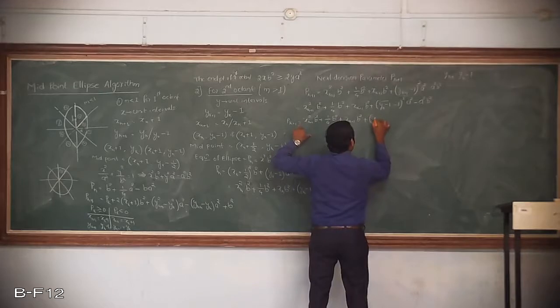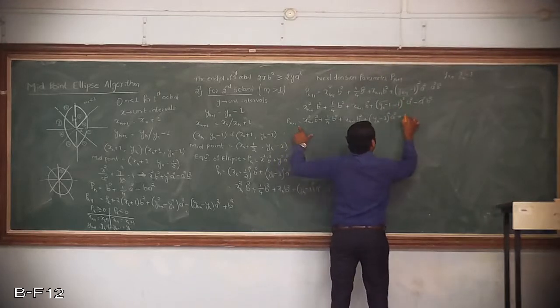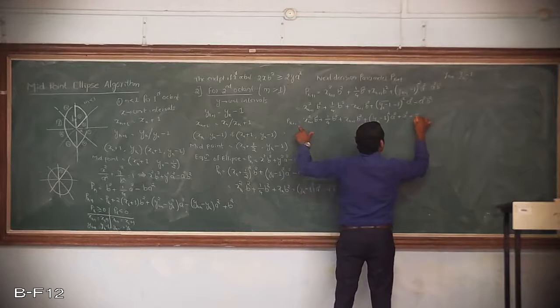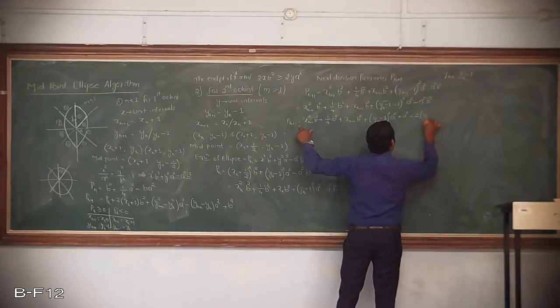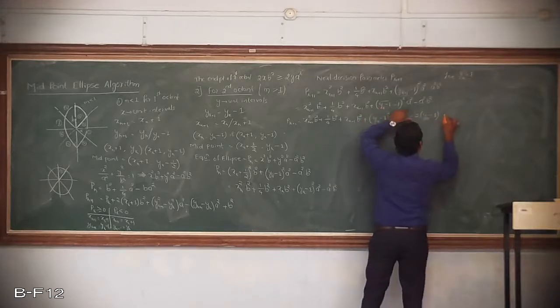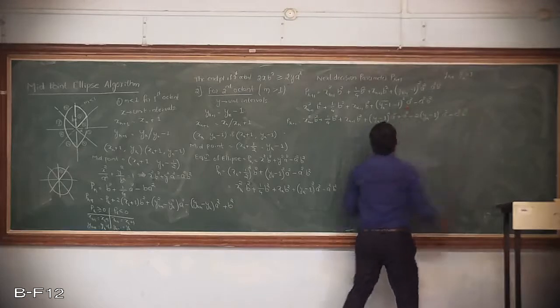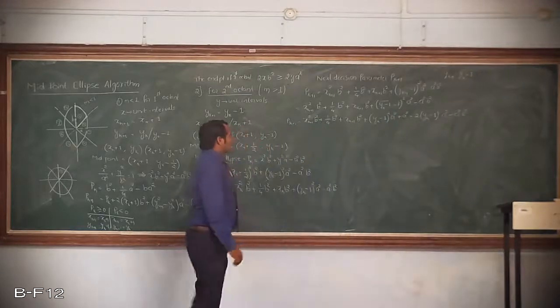Therefore I will write it as (yk−1)² a² + a² − 2(yk−1) a² − a²b² − a²b².